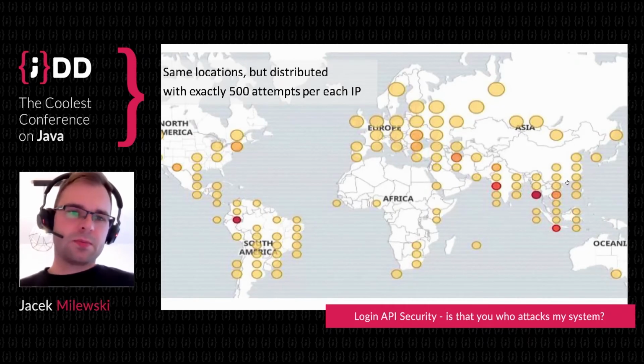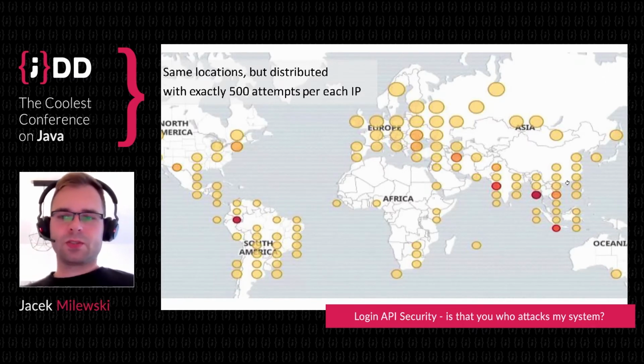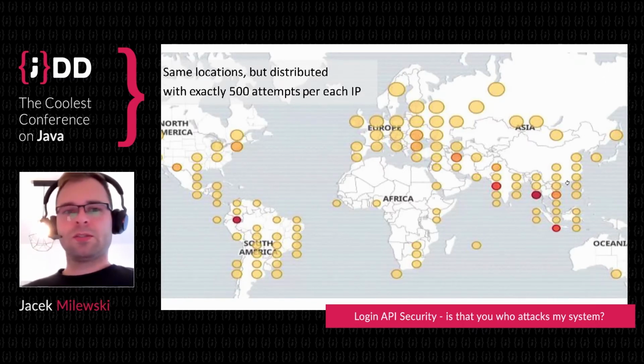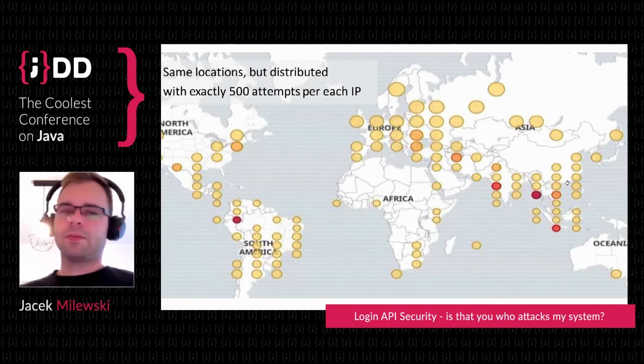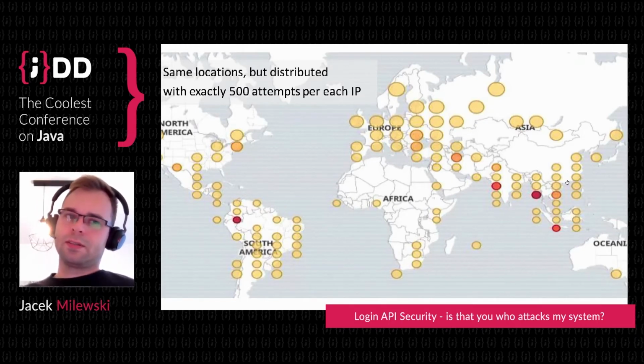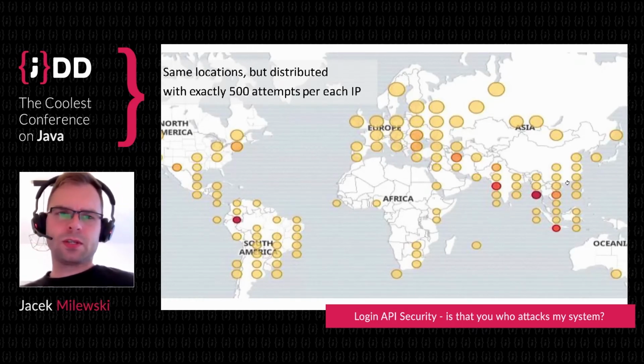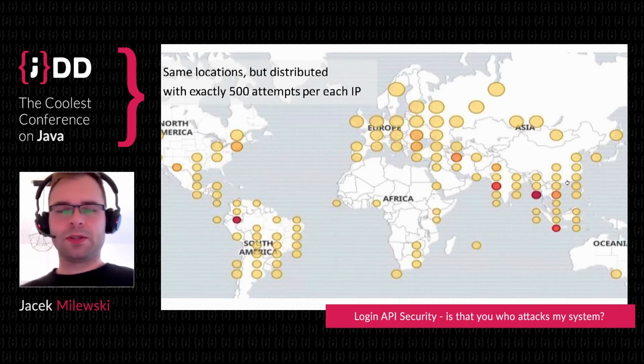So this time we had exactly 500 attempts per each IP address. So we did add rate limiting on our load balancer. However, again, the attacker was pretty good as he limited the number of attempts per each IP. So the rate limiter simply allowed those requests.